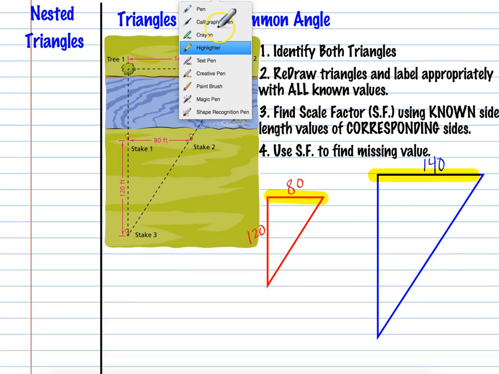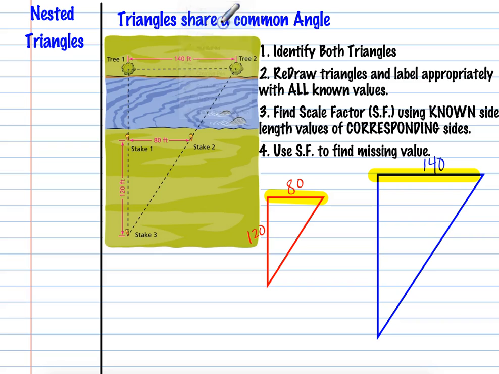Okay, so from one item, from 80 to 140, I need to multiply by something in order to get that 140. Once I figure out what that is, I can use this number again.